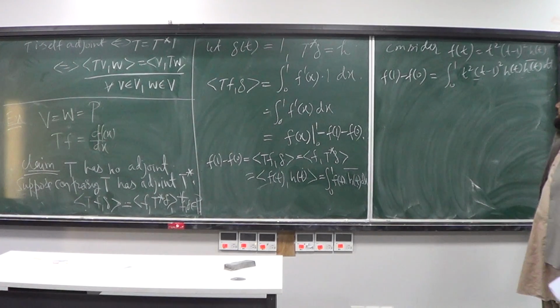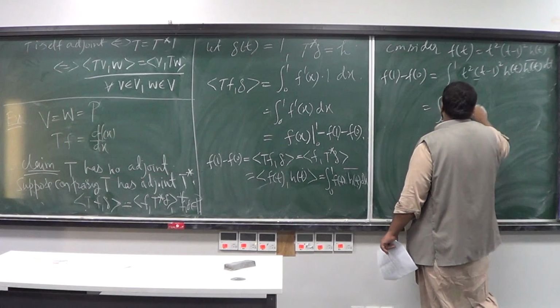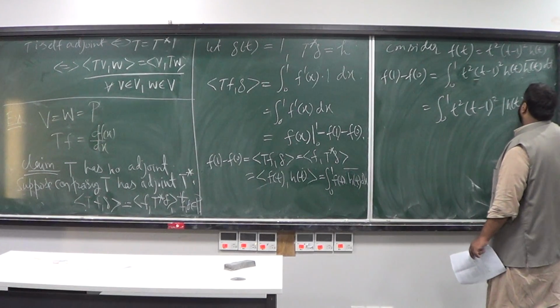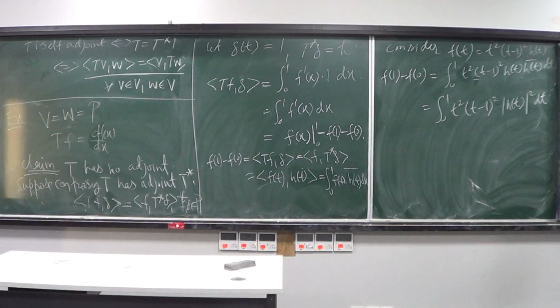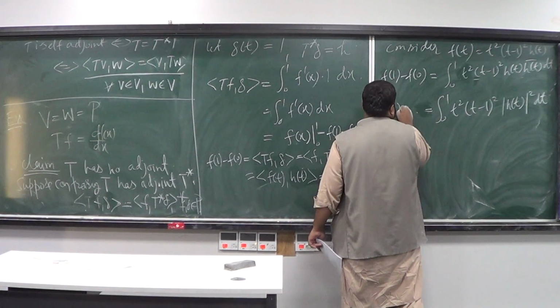What would be h of t times h bar of t? This is going to be the modulus squared: the integral of t squared, (t minus 1) squared, and the absolute value of h of t squared dt. What does this show? This is equal to f of 1 minus f of 0.